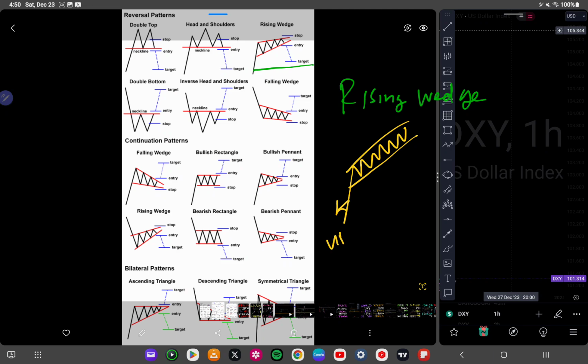This is an uptrend. Then we can see it breaks the previous one and gives us a lower high, right? Then it continued to tank to the downside. That's why they call it a rising wedge.